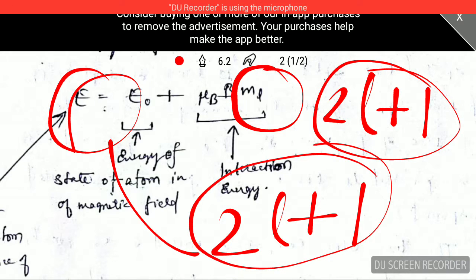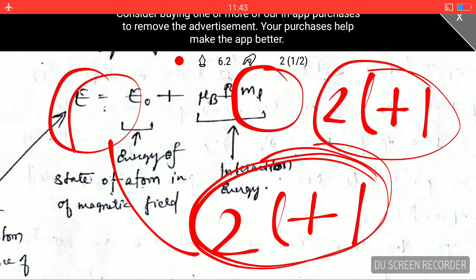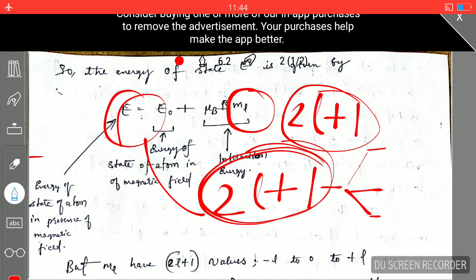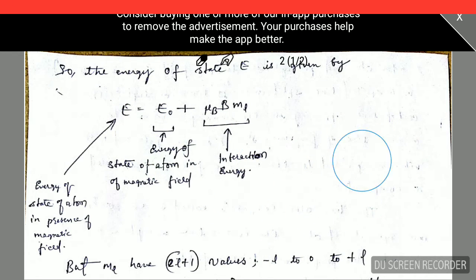So there are 2l plus 1 energy states of the atom. The atom can easily make a transition between these energy states, and when the atom makes the transition between these energy levels, it emits light of a certain frequency, and that is why you see your single line split into other lines. Let me explain in more detail. Just hold on, don't worry, you will understand everything in this video.